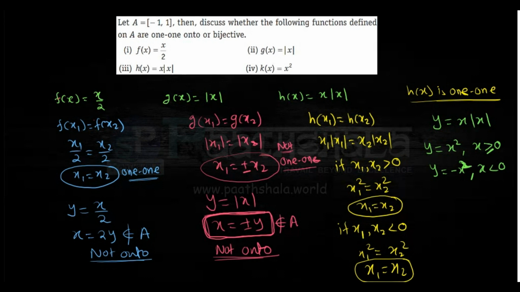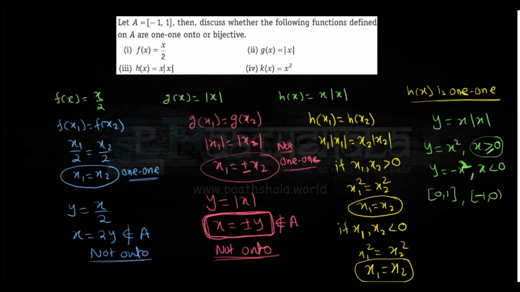So we can see for x greater than 0 the interval will be 0 to 1, and for x less than 0 it will be minus 1 to 0. It means that it is verified for the given interval, that is A equals minus 1 to 1.